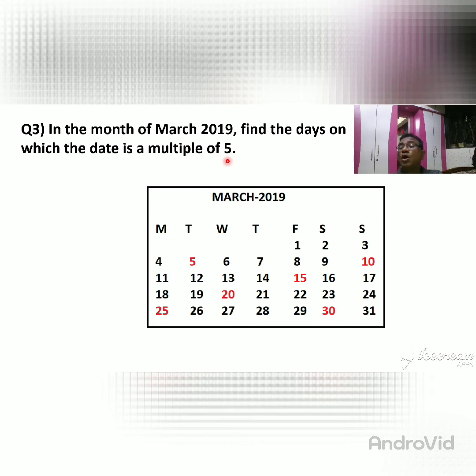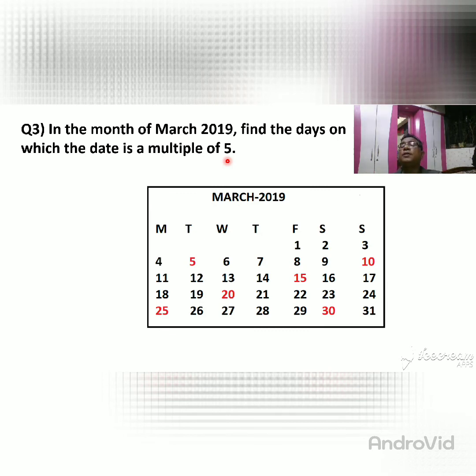No, because March has 31 days, and in each month the last day is 31 or 30, or in February it is 28 or 29. So 35 is not coming in any month. So what will your answer be? Up to 30.